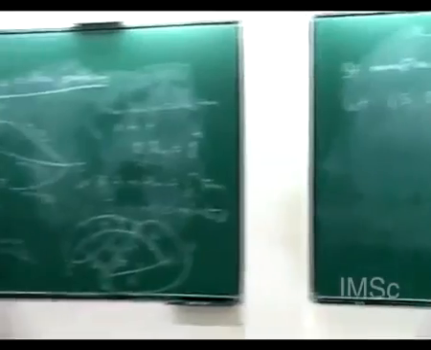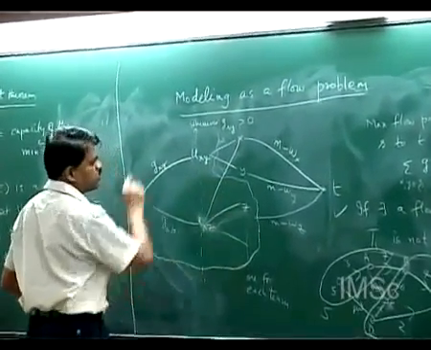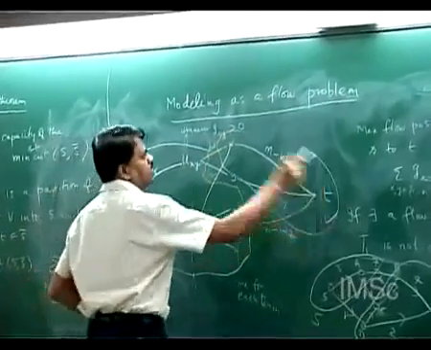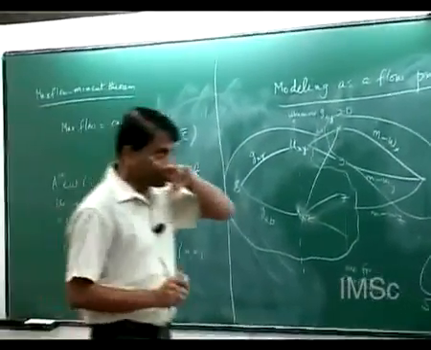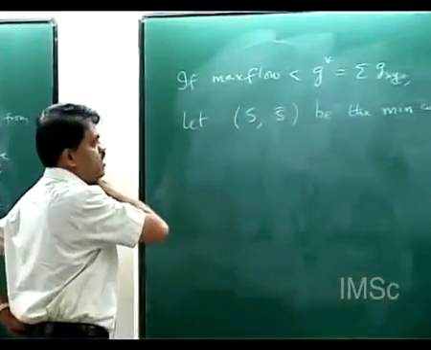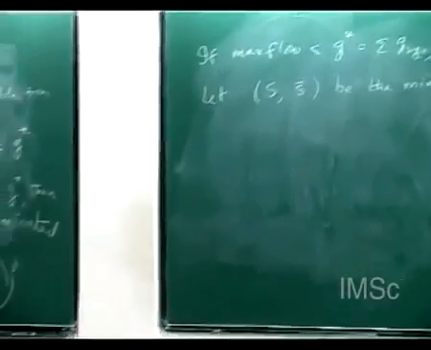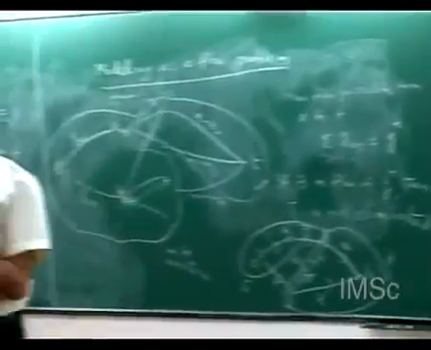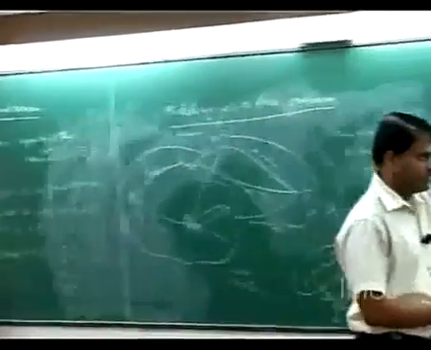The min cut may have some of these u x y vertices, some of the z vertices. So, it could be like this. Your min cut is just a partition of the vertex set. And I want to look at the capacity of this cut, which is the sum of the capacities of the edges going from S to S bar, and derive this.